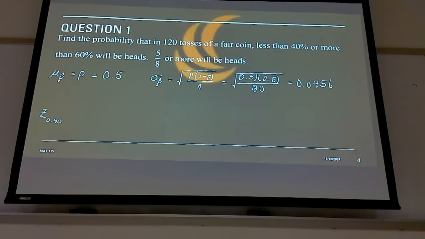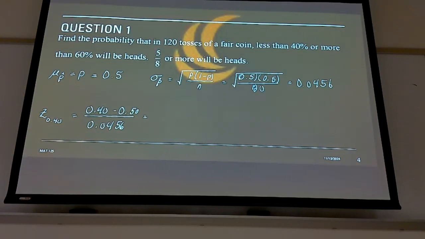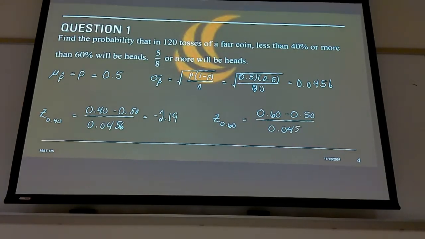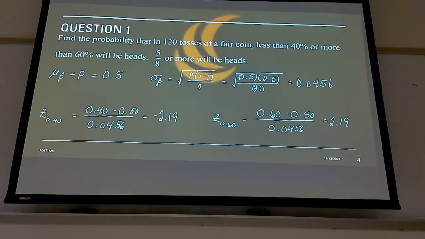First, we need the z-score for 0.4. Now for 0.6, you shouldn't need a calculator. It's going to be positive 2.19.